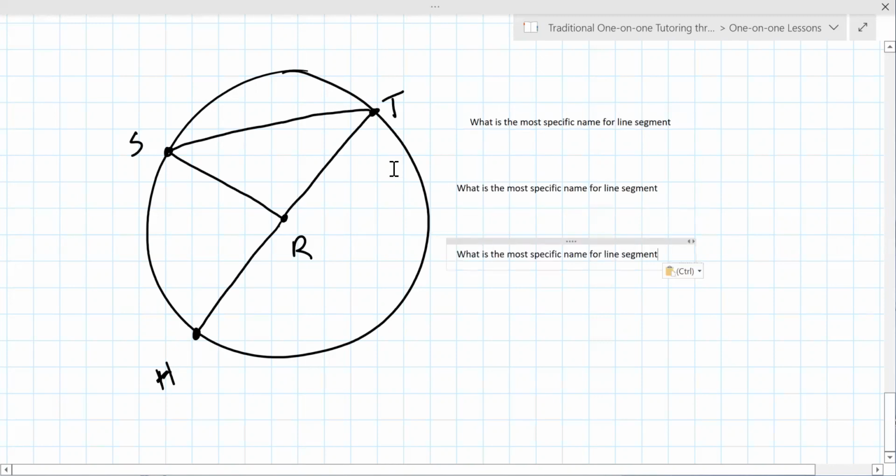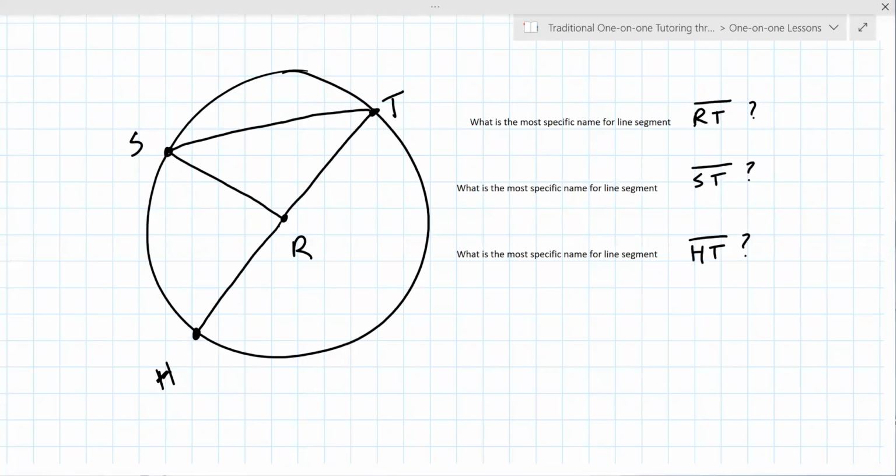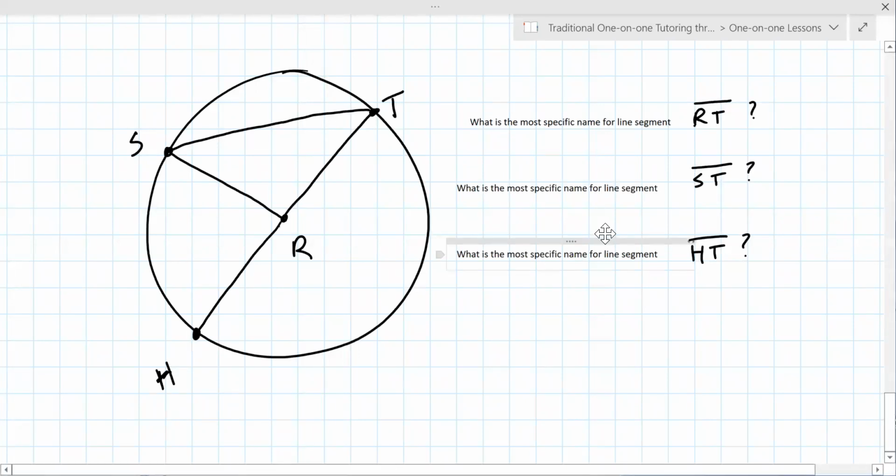So let's go RT, ST, HT. I want you to give me the answer to any of these three. The order doesn't matter.